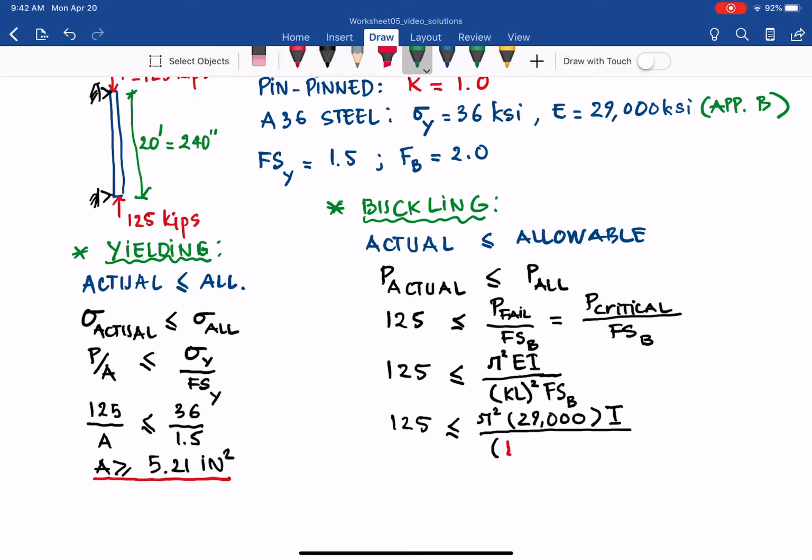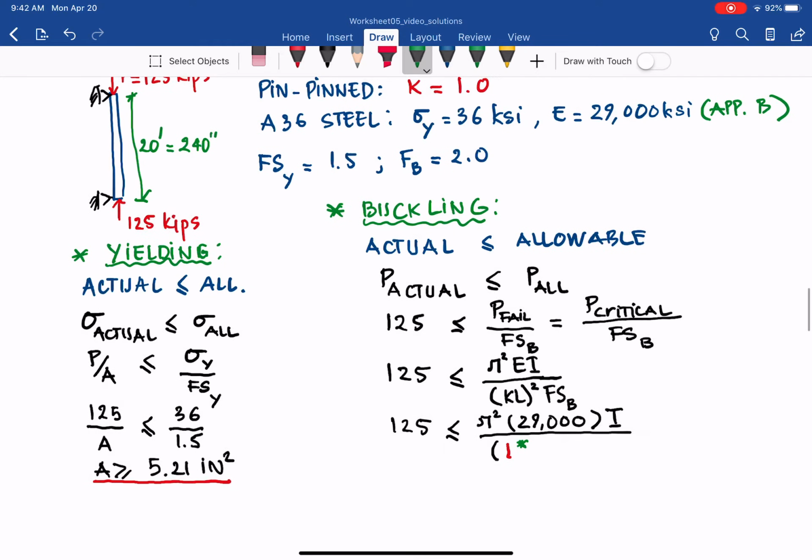The length of this column is 20 feet, so it is 240 inches squared, times the factor of safety, which for buckling is 2. So from that, the only unknown is I.